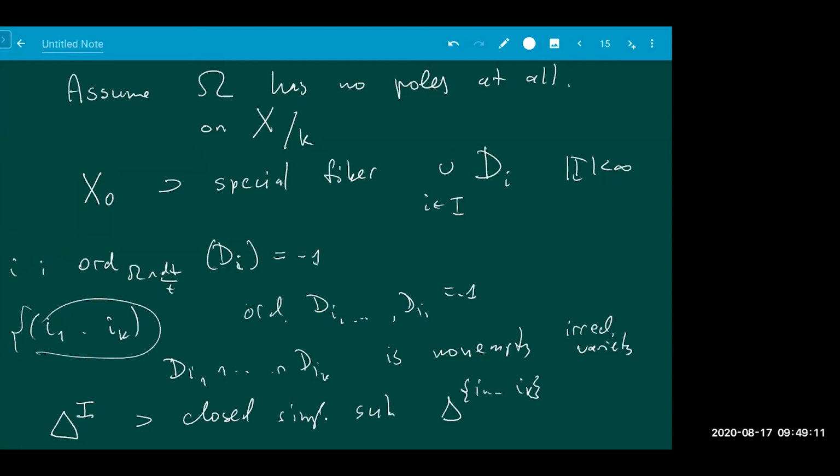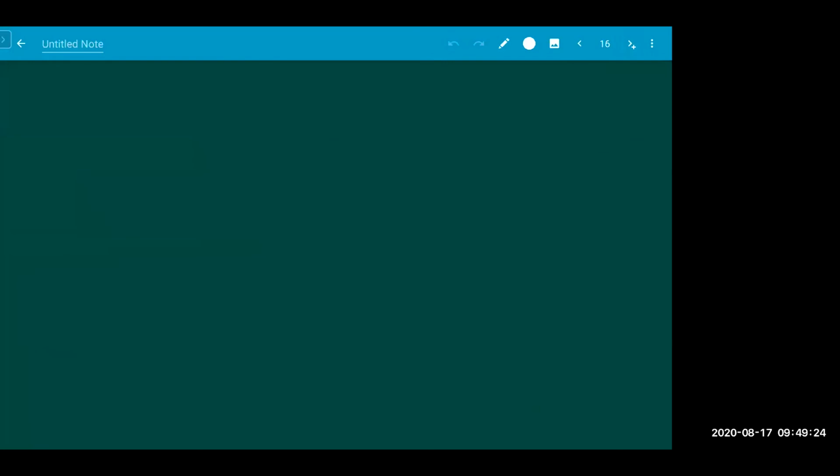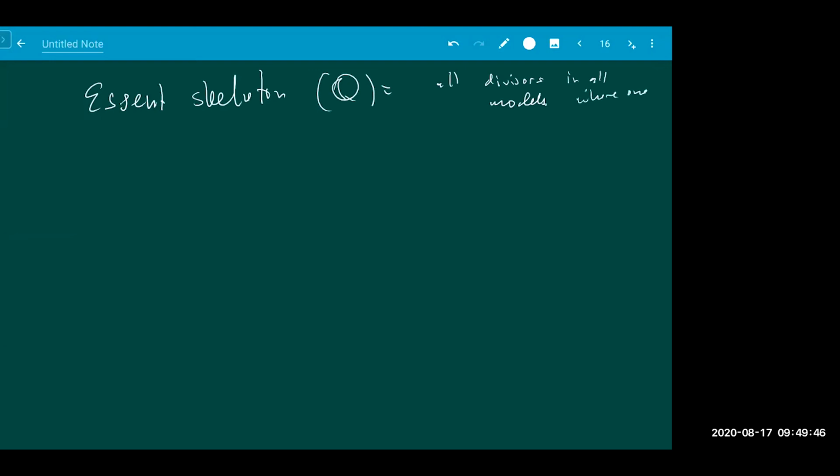And you get a certain finite polyhedral complex, and the claim is that all divisors in all models that have poles of order 1 will be rational points on this space. So we get the essential skeleton. And rational points will be all divisors in all models where one has a first order pole.